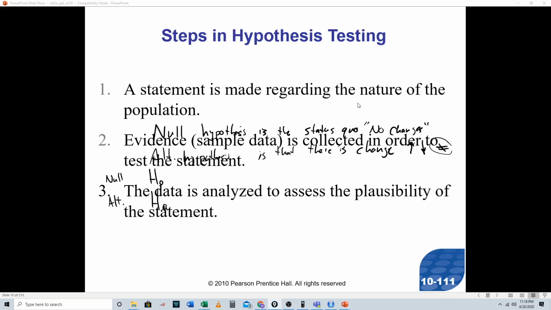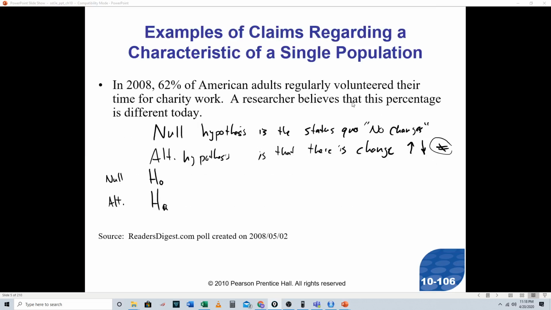Oh yeah, this uses 0 and 1. So here, since this is a proportion, it's going to be either a proportion, a mean, mu, or a standard deviation. One of those three.